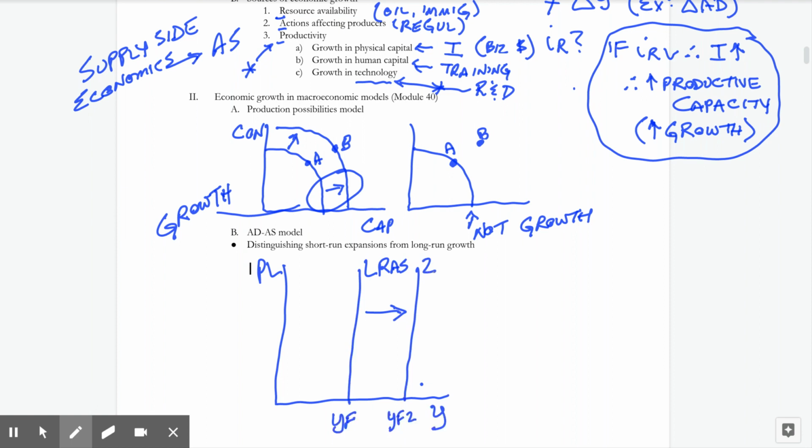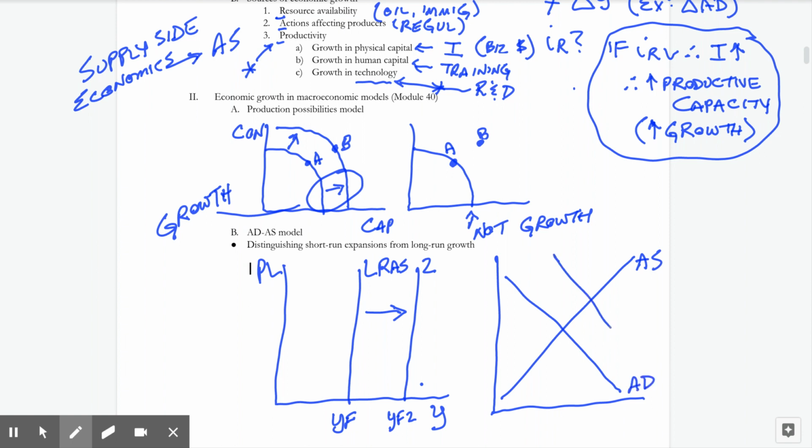And so that's growth. What we would say is not growth, and this is the distinguishing factor here, is if we had an aggregate supply and an aggregate demand, and if aggregate demand just shifted outward, right? Yeah, I get it. We are producing more than we used to. We have more produced there.